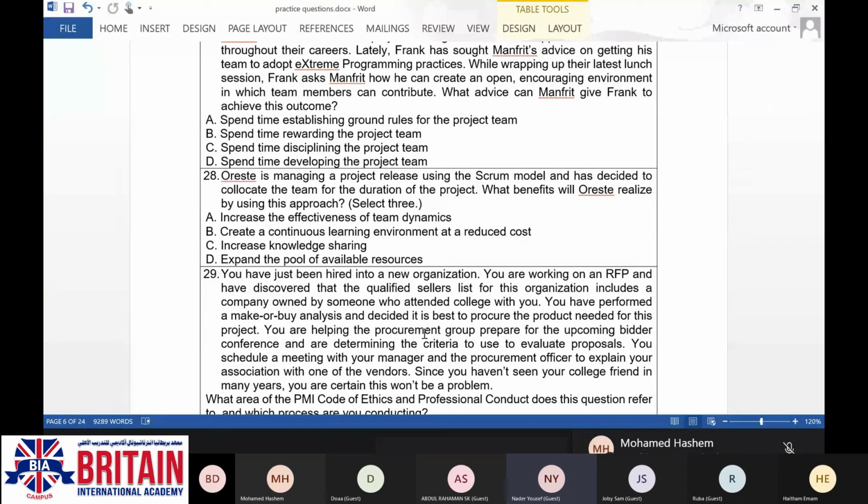Increase the effectiveness of team dynamics, create a continuous learning environment at reduced costs, increase knowledge sharing, expand the pool of available resources. What benefit does collocation bring? Okay, D is okay, increase the knowledge sharing.